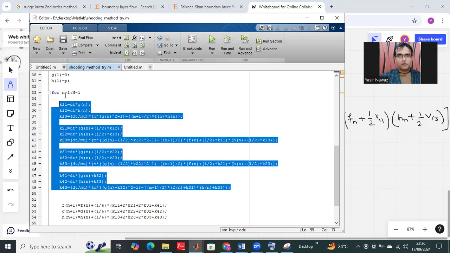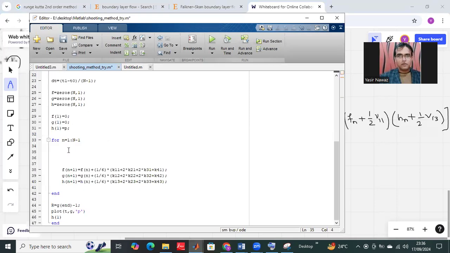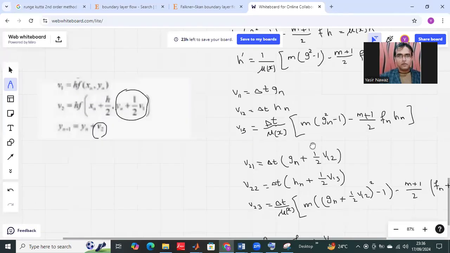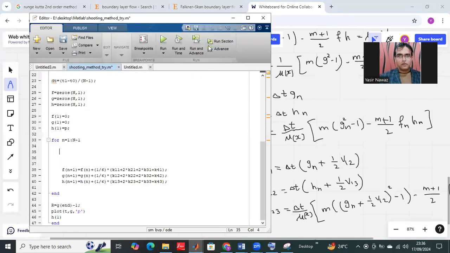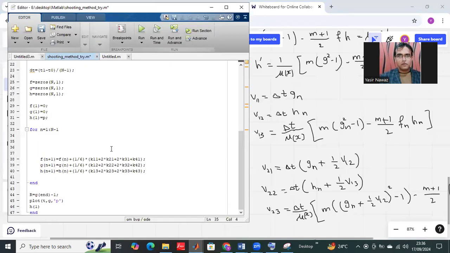I have to apply the Runge-Kutta 2. So here V11 is equal to dt times G of n. Then V12 is equal to dt, or delta t, H of n.